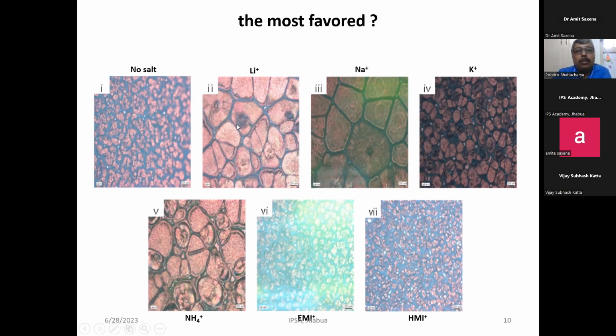So this is lithium iodide with pretty large spherulites. Sodium iodide is even larger than that. Potassium iodide is smaller, and this is the reason why we, especially the solar cell people, like potassium iodide as the salt in the electrolyte. Going back to ammonium iodide, again the size is similar to lithium iodide.